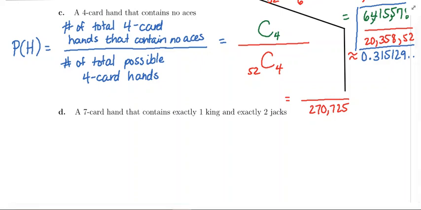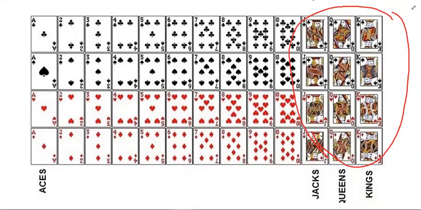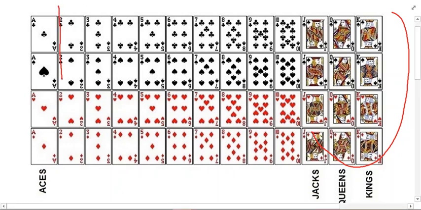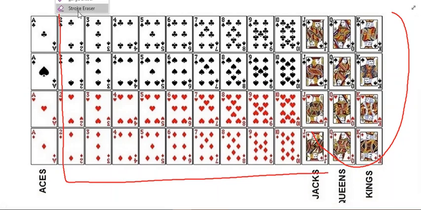So you've got to go to the deck of cards, and let's talk about how we're going to select our cards. We're not going to pull from the entire deck because we could end up with an ace. So if we go over to our deck of cards, let's erase what we had previously circled. We don't want an ace in our hand, so we're going to choose from all the remaining cards.